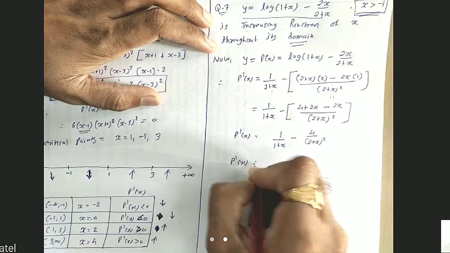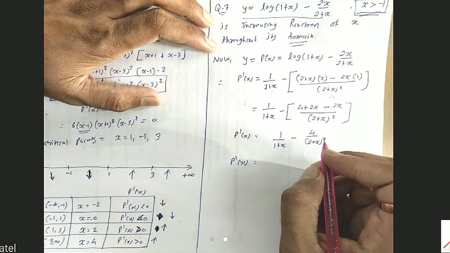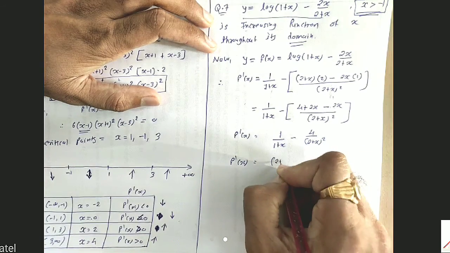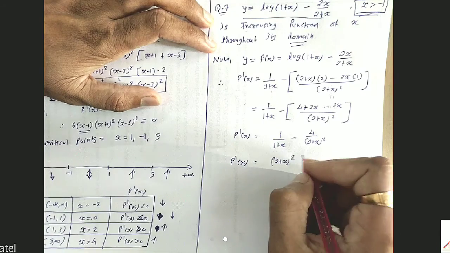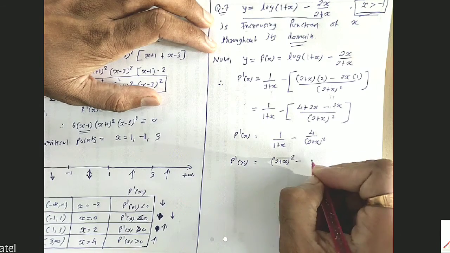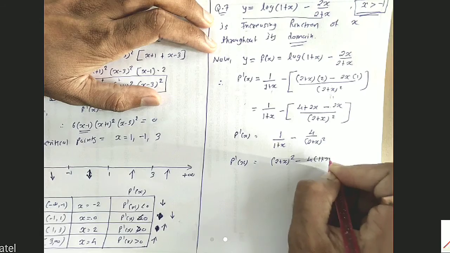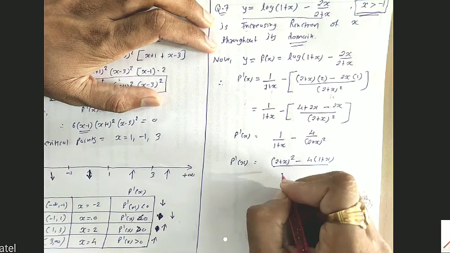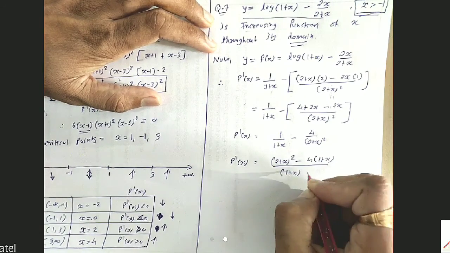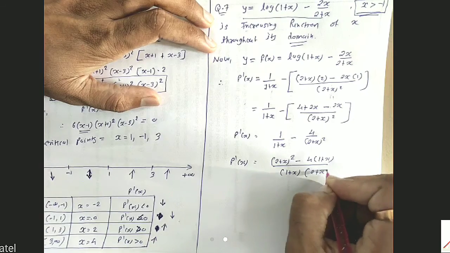So f dash x equal to 2 plus x whole square minus 4 into 1 plus x, divided by 1 plus x into 2 plus x whole square.